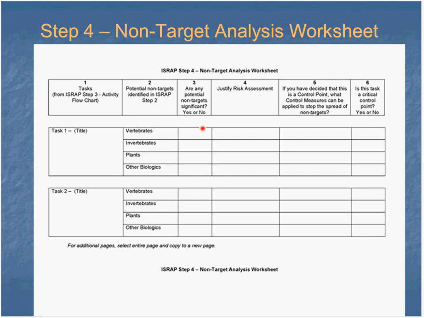Typically that risk assessment is asking a simple yes or no question, whether or not any of the non-targets are potentially significant. You would provide justification for your yes or no answer. So the risk assessment is really this part right here.